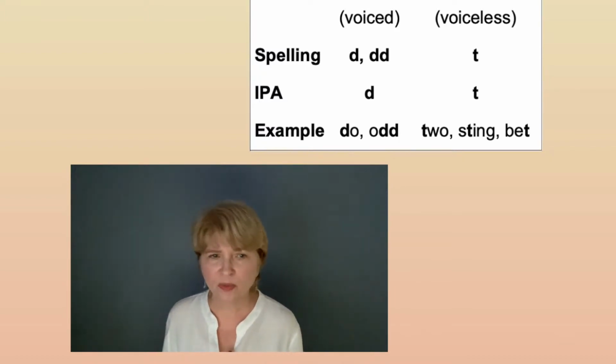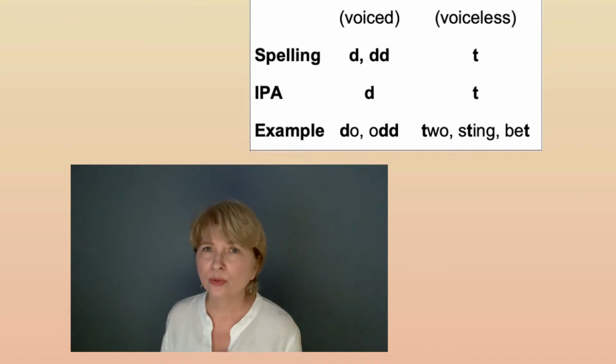Practice these sounds with me. D, D, do, do, odd, odd, t, t, two, two, sting, sting. If you speak Spanish or Farsi, don't let yourself put a vowel sound before that ST. We don't start with a vowel sound.